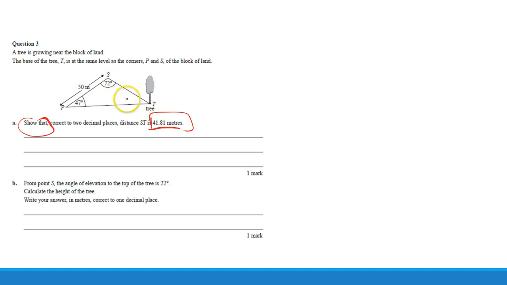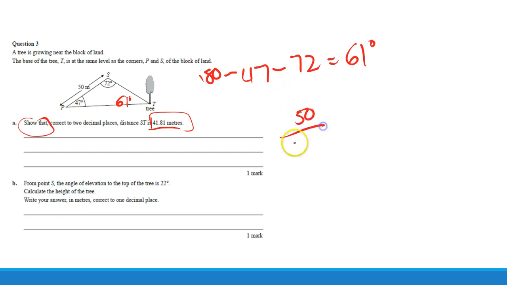So it's not a right angle triangle, so the first thing: 180 minus 47 minus 72 equals 61 degrees. So put that in there. And now it's a matter of the sine rule. 50 over sine 61 equals length ST over sine 47.